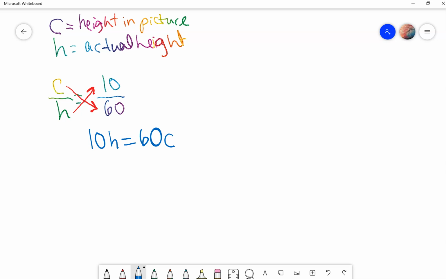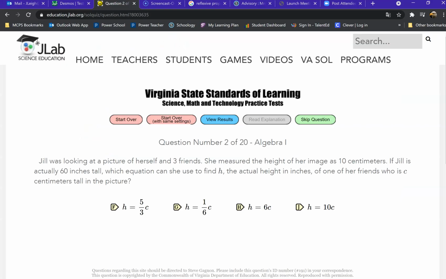We want H to be by itself, so we're going to divide by 10, divide by 10. H equals 60 divided by 10 is 6. And we still have the C there. So the formula to find out the height of the other people in her picture is H equals 6C.